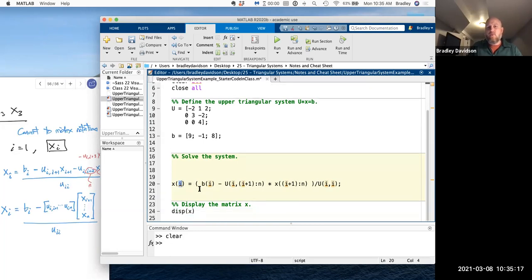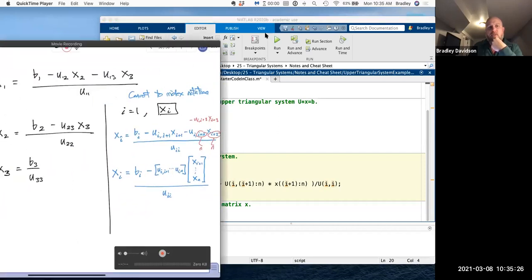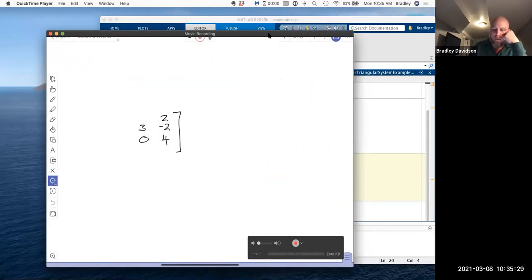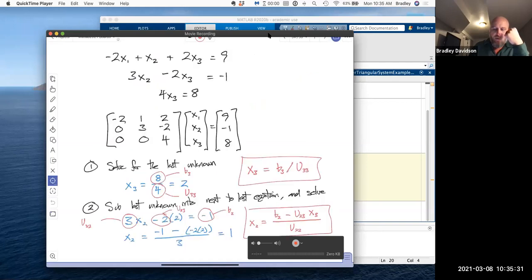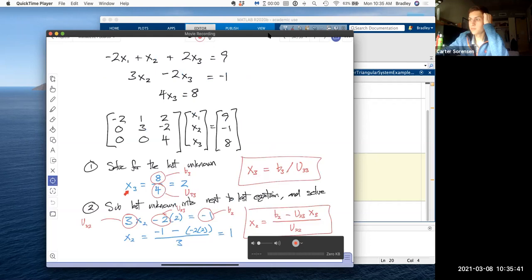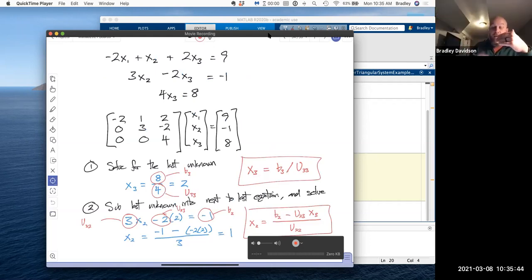When we put this into a loop, what was the first one that we solved? Which was our first unknown that we solved when using our method on our triangular system? It was x3, right? If we're following the work that we did by hand to create this algorithm, then we need to start by solving for x3.